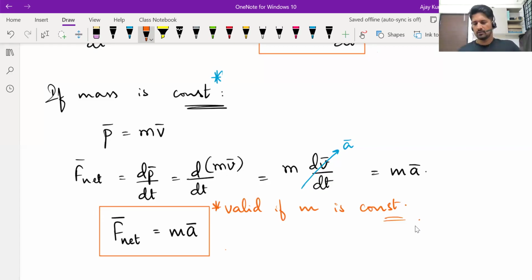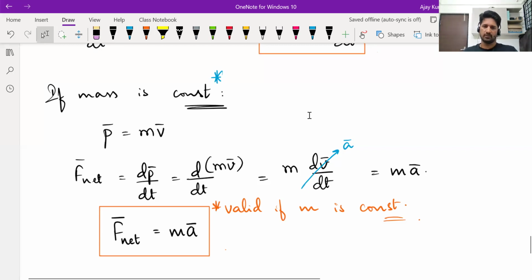Over the next few classes, we'll be solving problems based on this equation. We'll consider systems involving objects whose masses don't change, and we'll be applying Newton's second law to such systems.